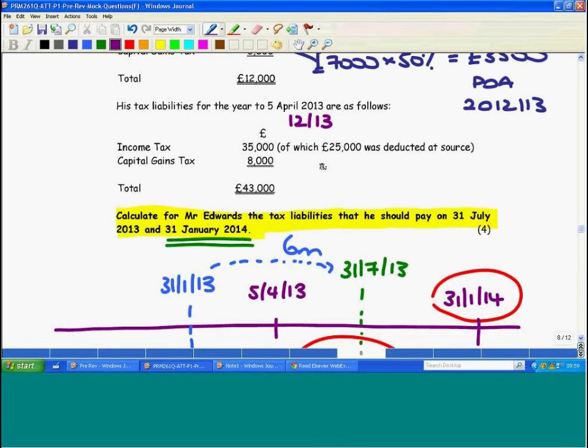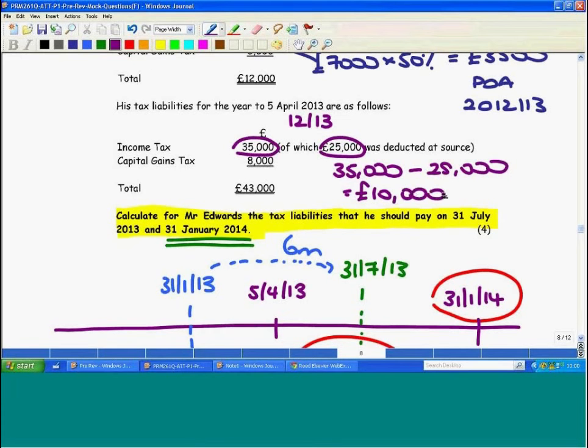So where we've got £35,000, that's the figure that showed as due for the whole of the tax year. Now we've actually been paying tax as we go along. So we've paid £25,000 already, which means if we take these two figures and I deduct my tax collected at source, I have 10,000 tax payable, tax due.